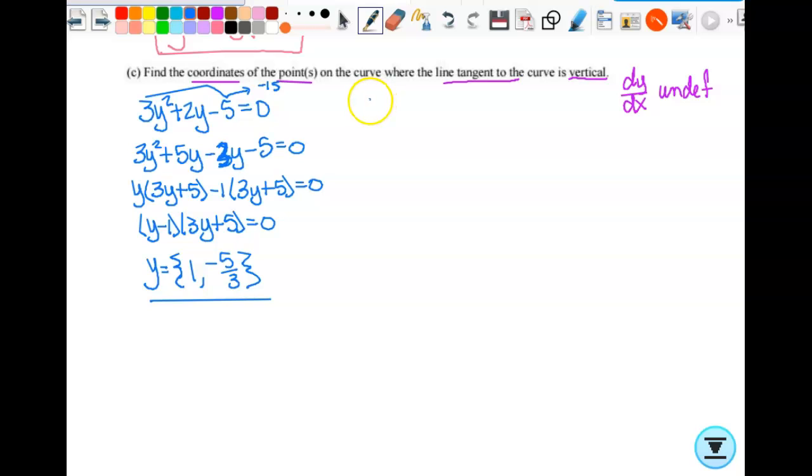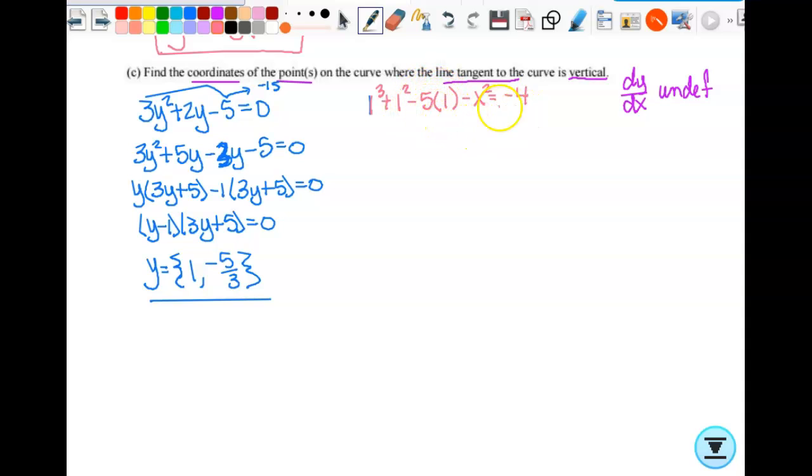So I would have 1 cubed plus 1 squared minus 5 times 1 minus x squared equals -4. Okay? So then this is 2 and this is a -5, so that's -3. Is that right?